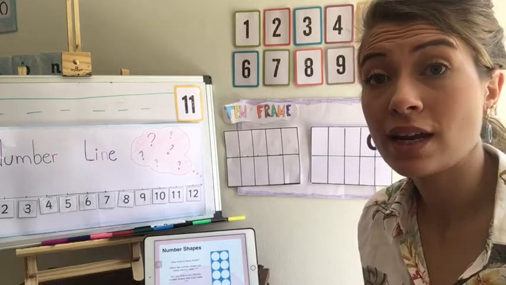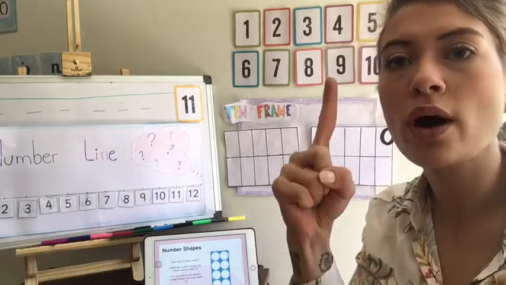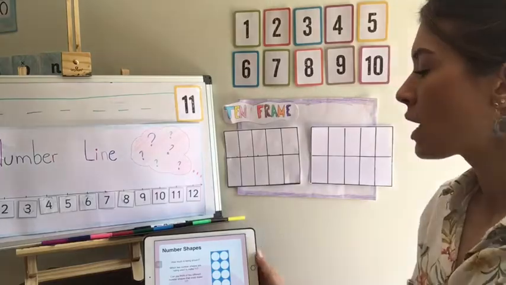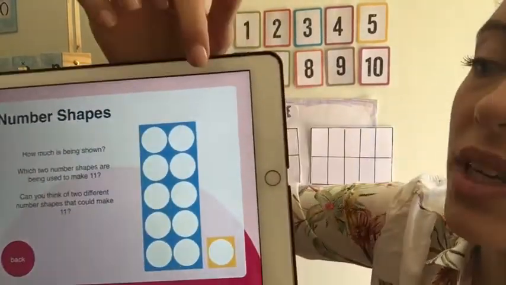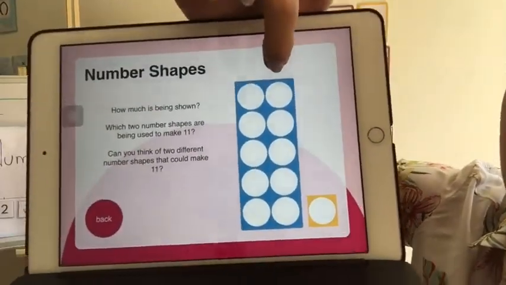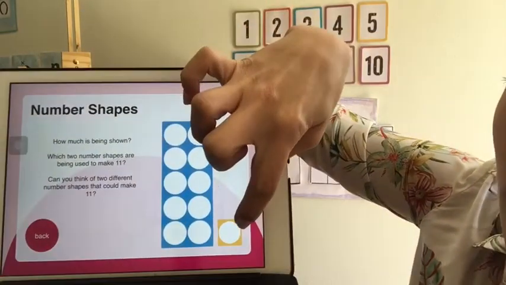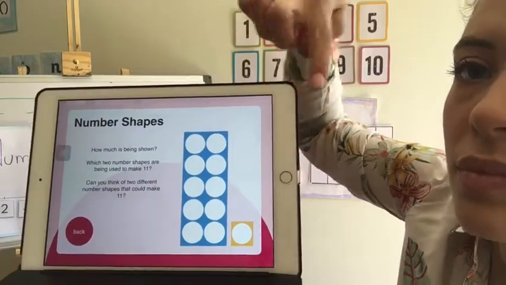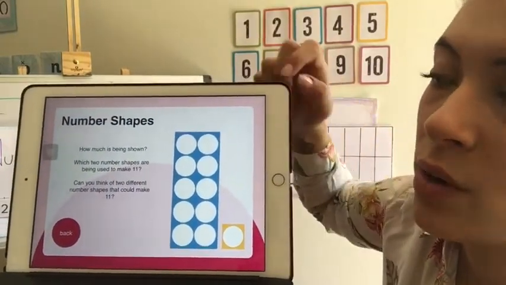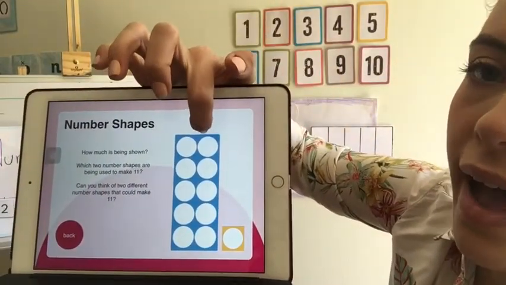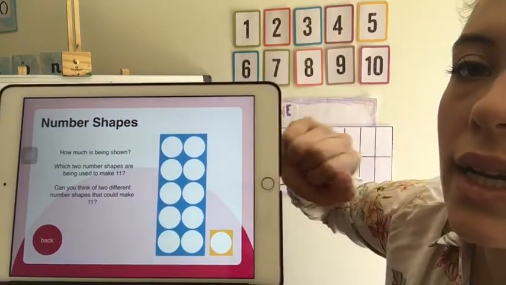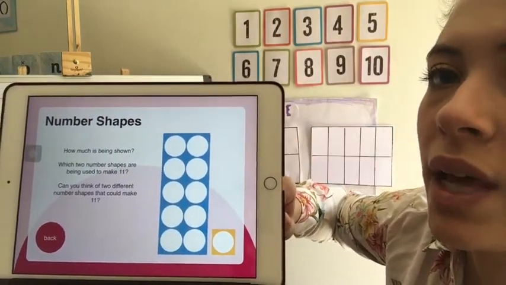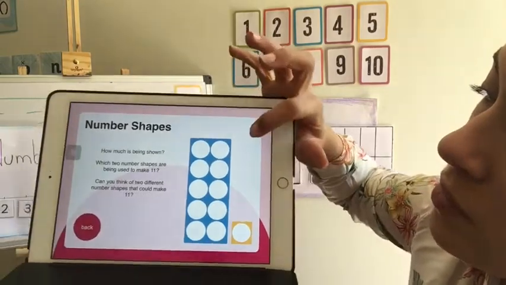But 11 is more than 10. It's one more than 10. Because of that, they are using one shape here to represent 10, and one over here represents the total 11. Then we have 10 add 1, 11 equals 11. Okay?